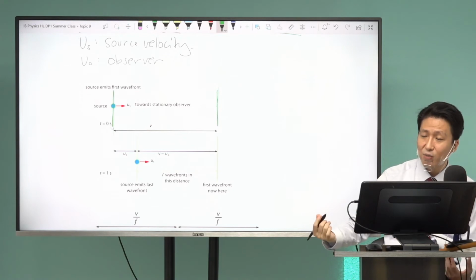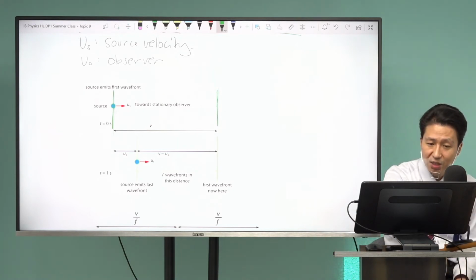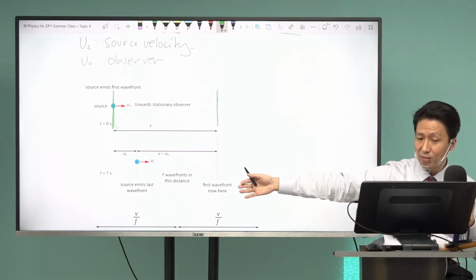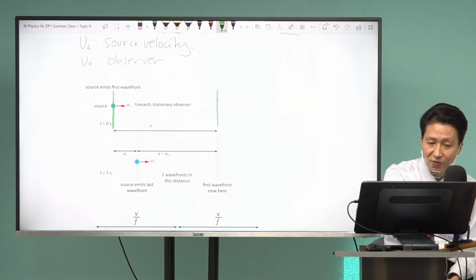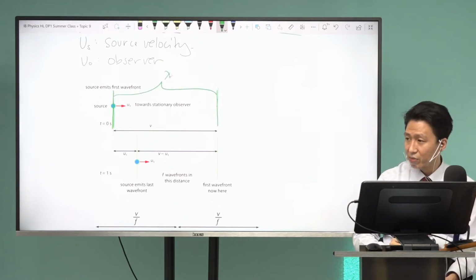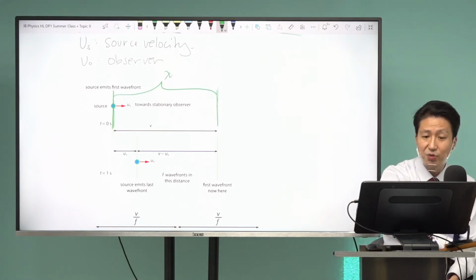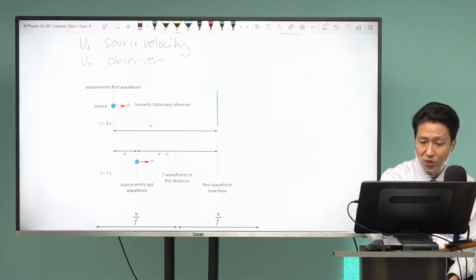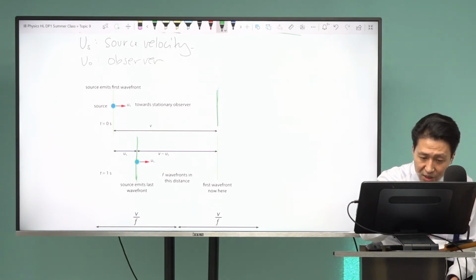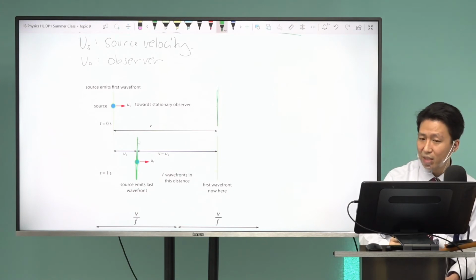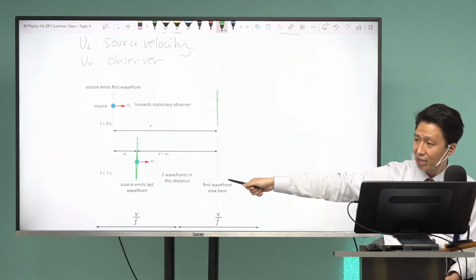So the next wave would have been cut out at this point, right? And you will have this original wavelength, right? But because the source moved, when the second wavefront is made at this point, you have a smaller wavelength in the front.